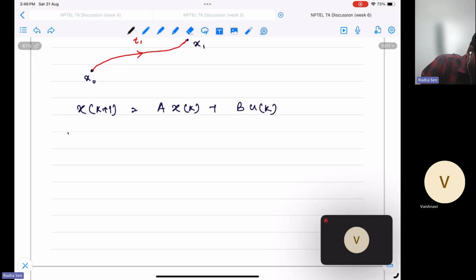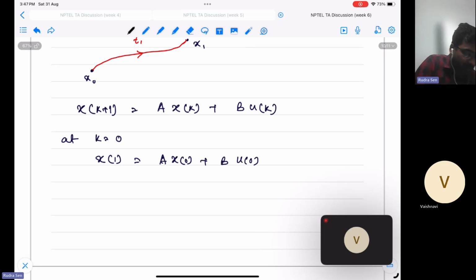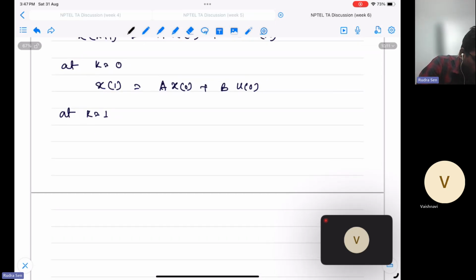Okay. So at k equals 0, what do we get? x1 equals A x0 plus B u0, right? At k equals 1, what do we get? x2 equals A x1 plus B u1.